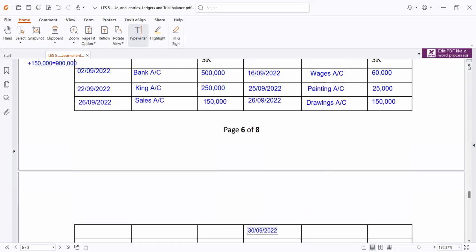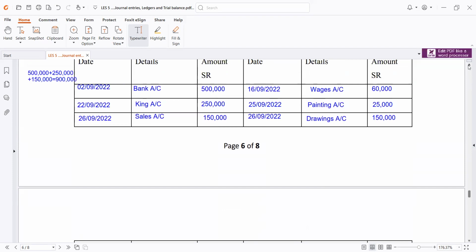And you realize that we have on the credit side, 60,000, 25,000 and 150,000. So the total, you can use a calculator. Even before using a calculator, we can just write it here, the total, which is the sum, 60,000 plus 25,000 plus 150,000.